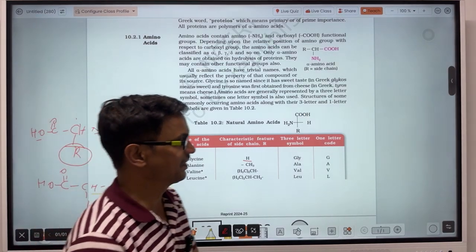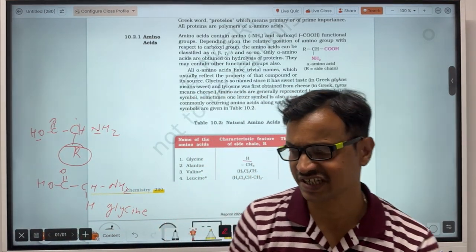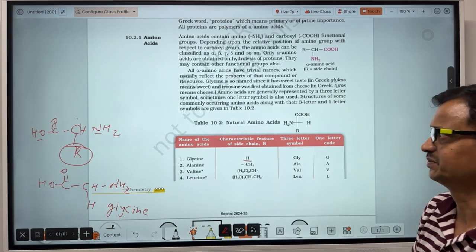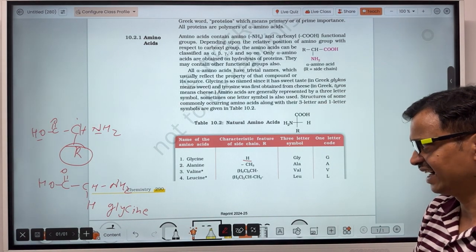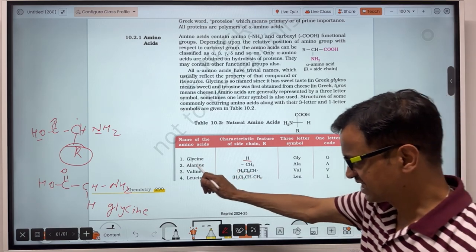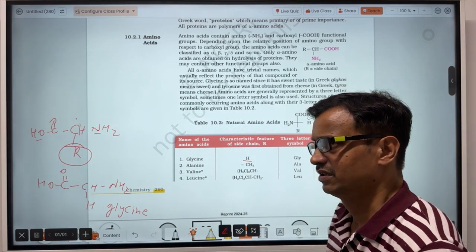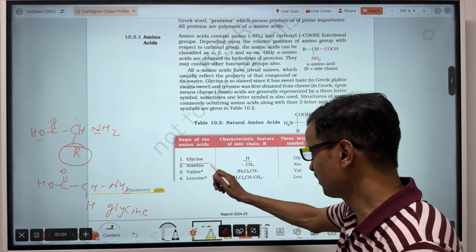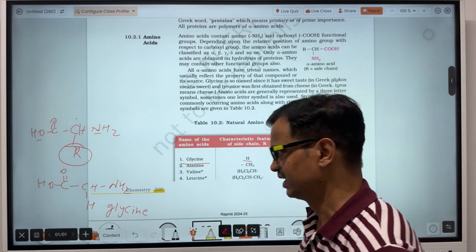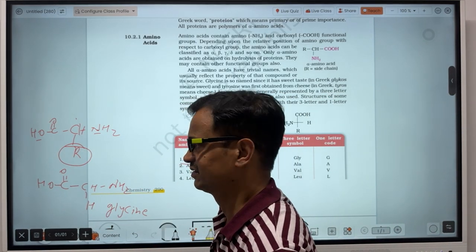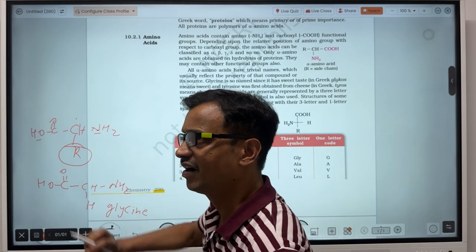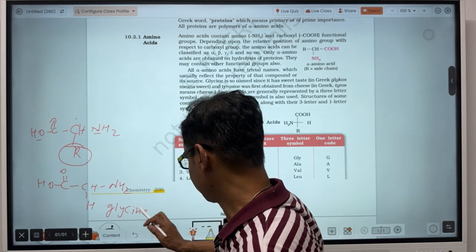Till now 20 types of naturally occurring amino acids have been discovered. Of these, glycine is the simplest amino acid, in which hydrogen is placed on the place of R.